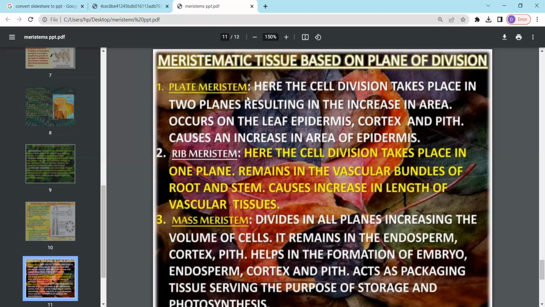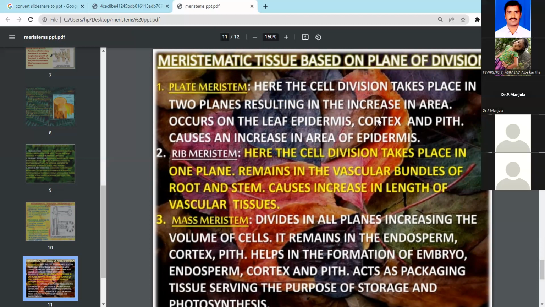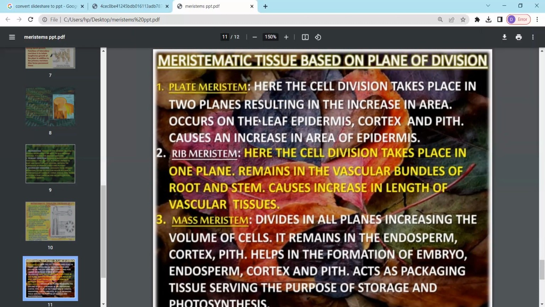Plate meristem is present in leaf epidermis, cortex region, and pith region. They mainly undergo two planes of division, that is horizontal and vertical divisions.